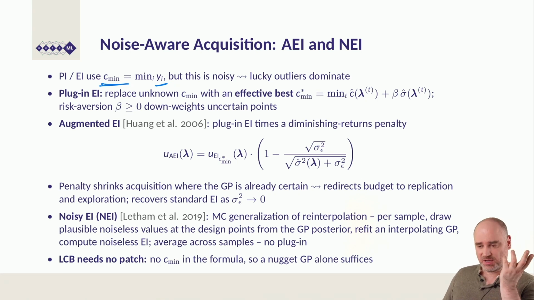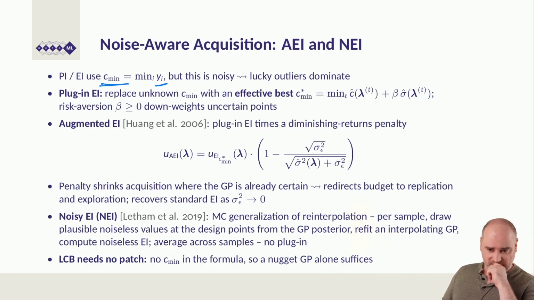So if we now take the minimum, that can be dominated by a lucky outlier, so to speak, a point which is only good due to random chance. So for PI and EI to work well, we would rather have a well-formed C min value, which really reflects the underlying true signal and not this observed noisy version of it.